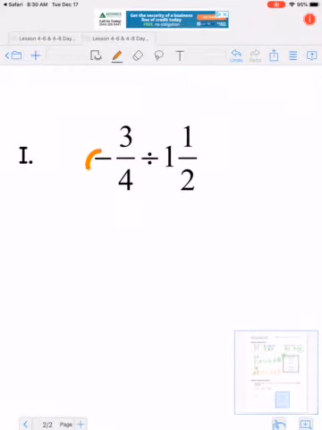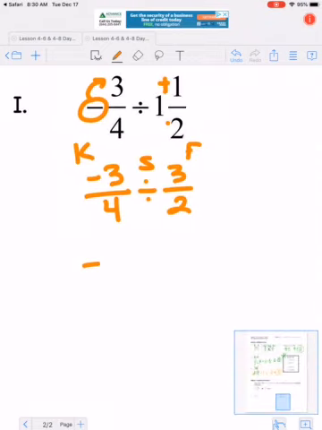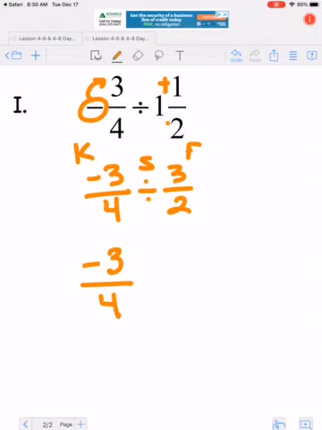Then my last one, letter I, make sure your negative sign goes to the top. So we have negative 3 over 4 divided by, change this to an improper fraction, so 3 over 2. Then I'm going to do keep it, switch it, and flip it. So I have negative 3 over 4 times 2 over 3.